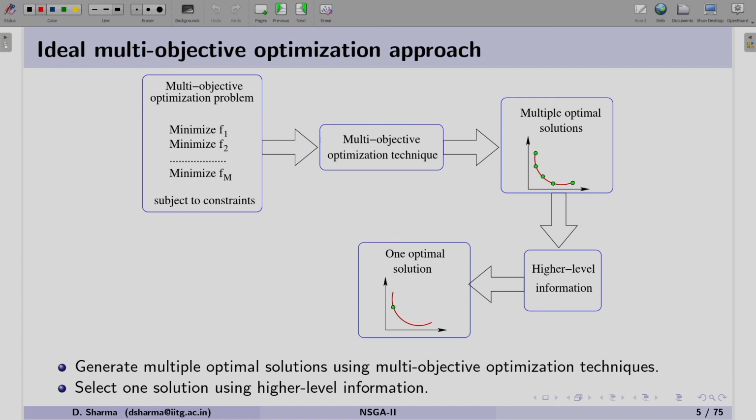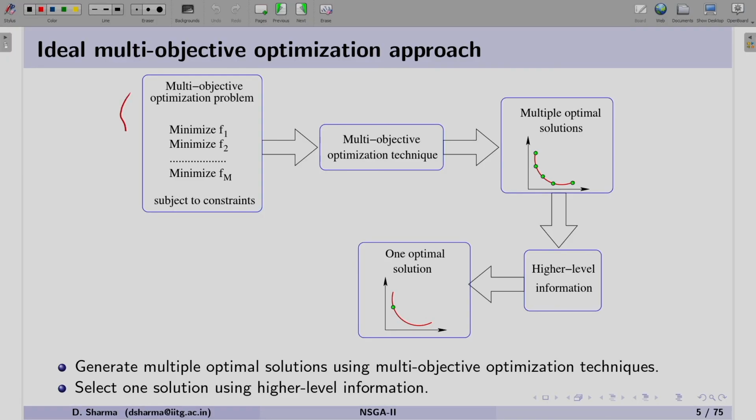Those methods use higher level information to convert this problem into a single objective problem.